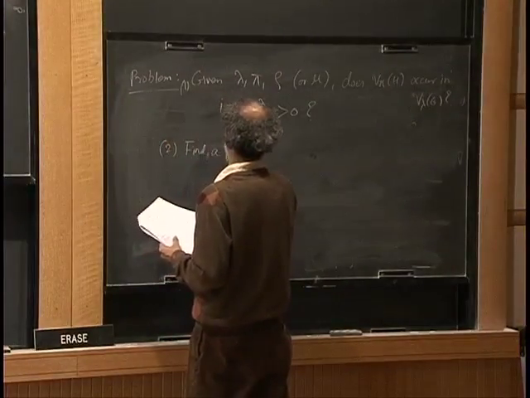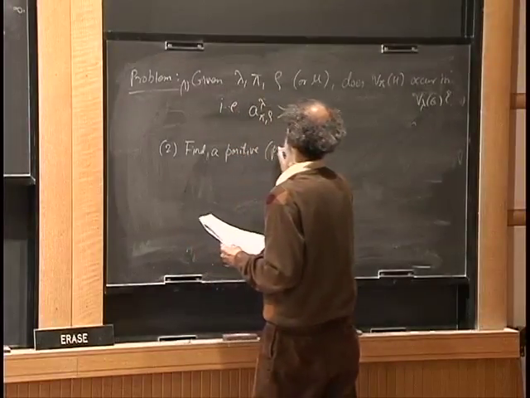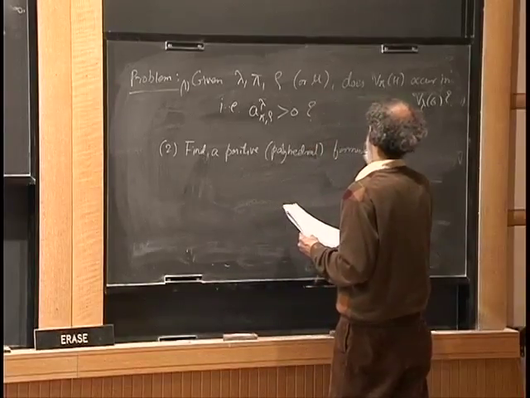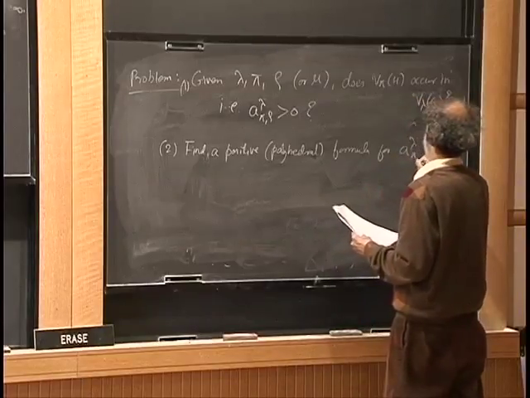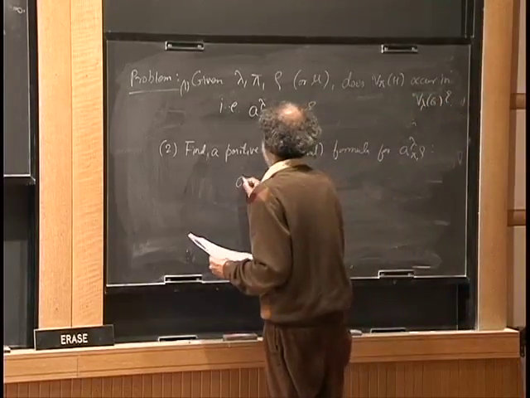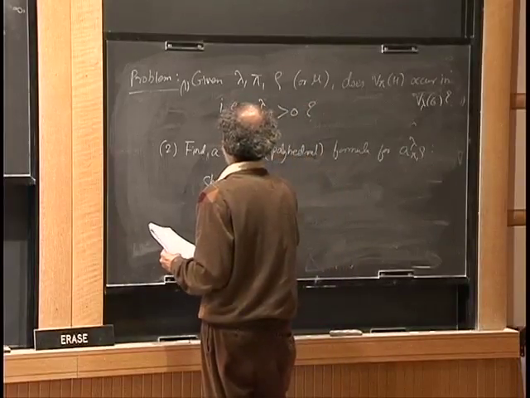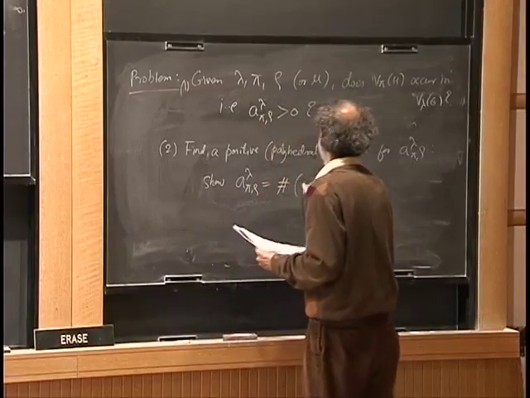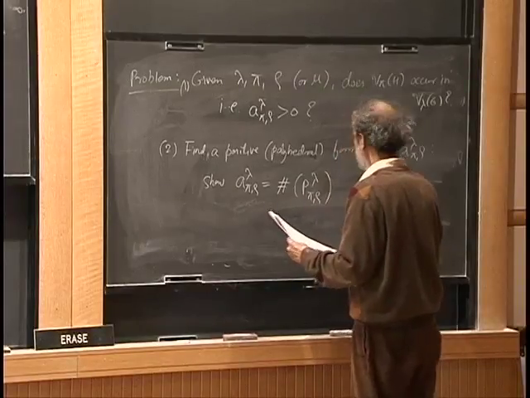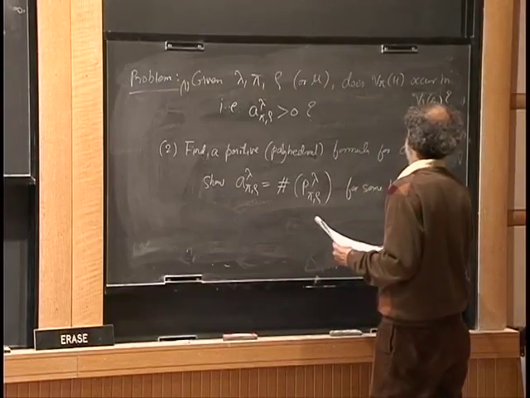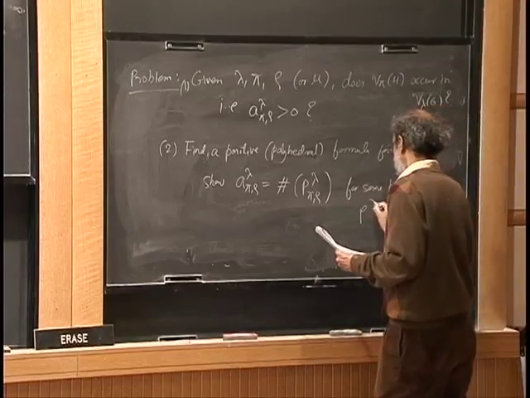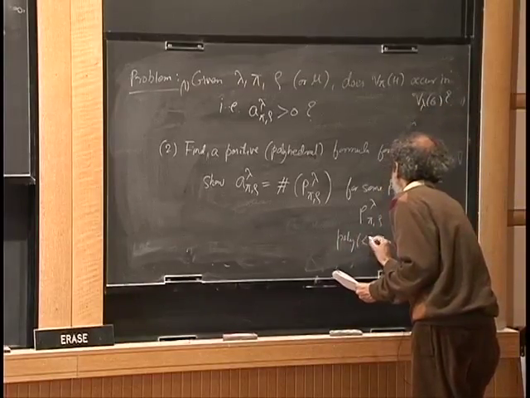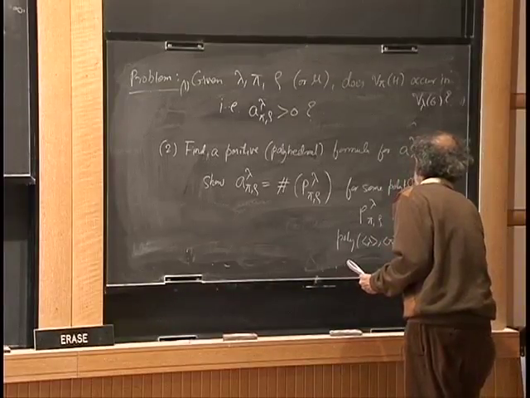For this, we want to find a positive polyhedral formula for a_lambda,pi,rho. By that we mean that a_lambda,pi,rho is equal to the number of integer points in some explicit polytope P_lambda,pi,rho, with a description of polynomial size.